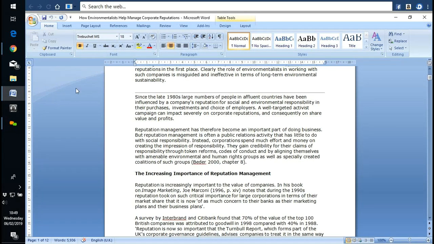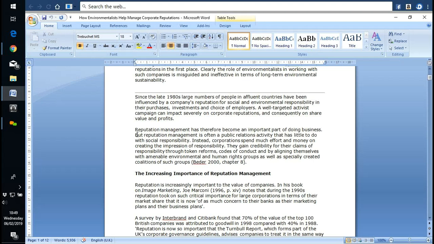People will now not buy from unethical organisations, and that group is getting bigger as time goes on. Investments in and choice of employers: in other words, people that would be eminently welcome in that company will not work for them because of their ethical reputation.